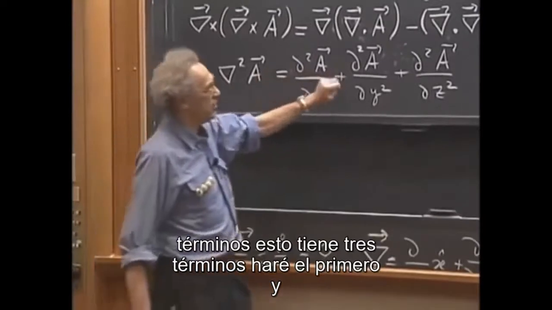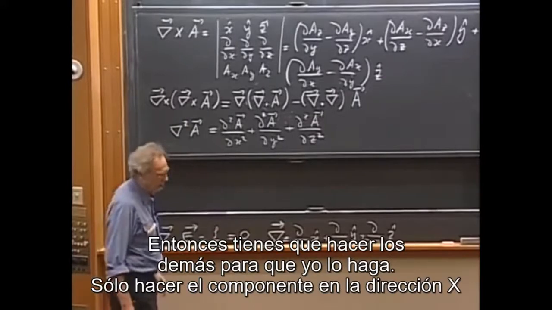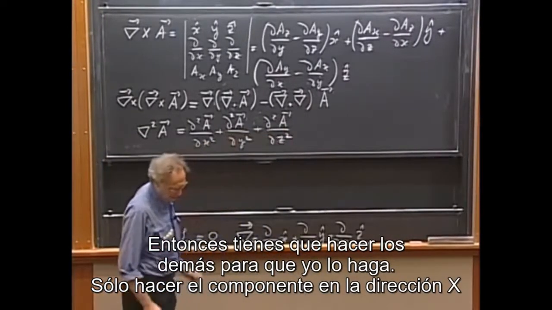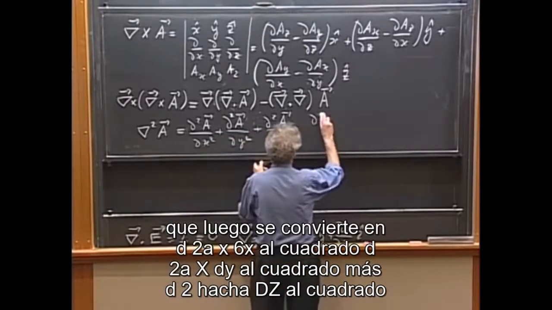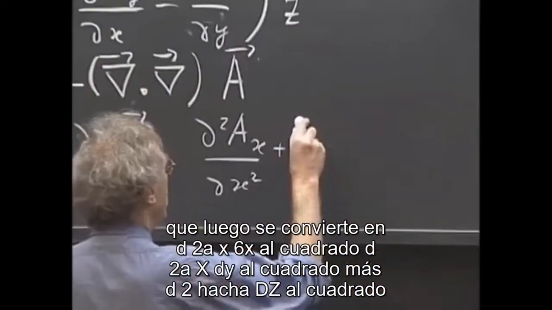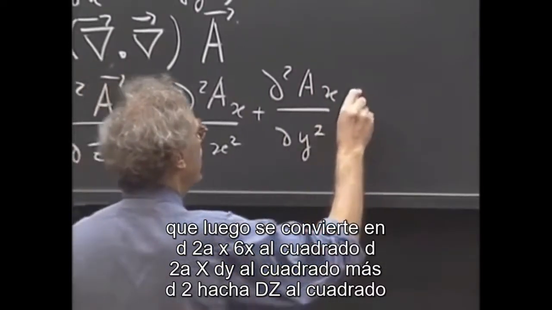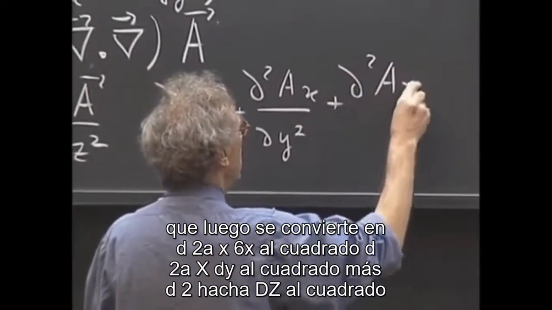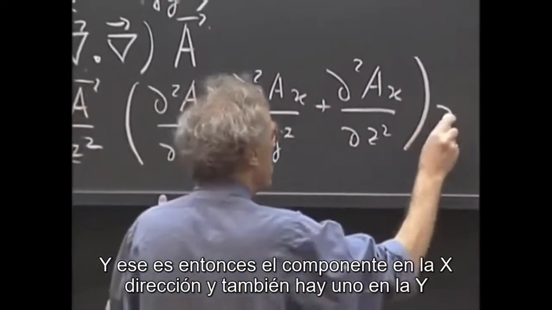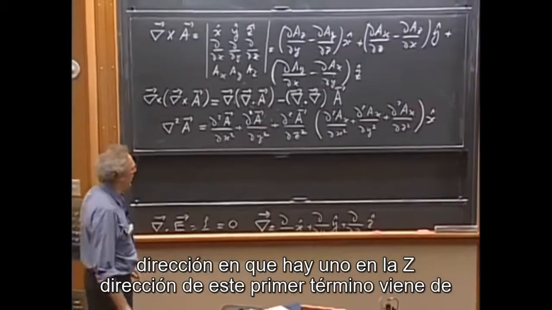And this has 9 terms, because this has 3 terms, this has 3 terms, and this has 3 terms. I will do the first one, and then you have to do the others. So I will only do the component in the x direction, which then becomes d2Ax/dx squared, d2Ax/dy squared, plus d2Ax/dz squared, and that is then the component in the x direction.